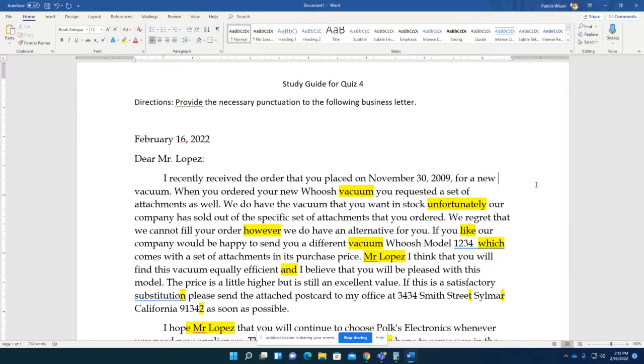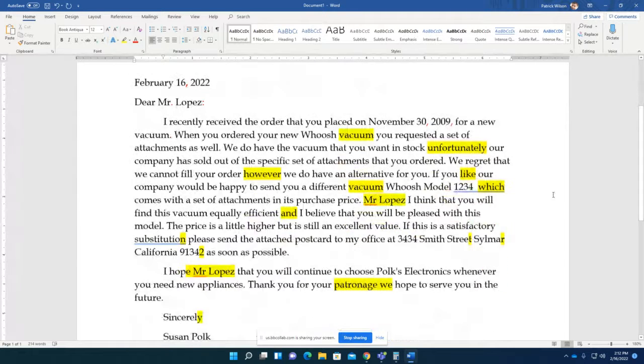If we look down at the second sentence, when you ordered your new Whoosh vacuum, you requested a set of attachments as well. This is a classic example going back to learning about comma splices, run-ons, and fragments. What you basically have here is a fragment, because you have a dependent clause right here, meaning it can't stand on its own.